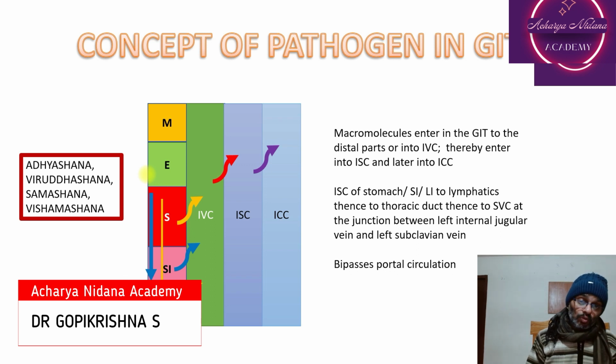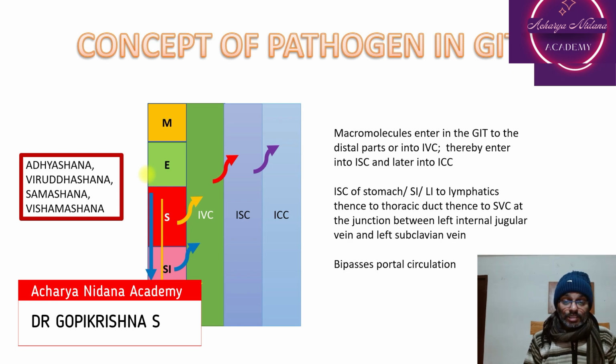Similarly, because of poor digestion in the small intestine, these macromolecules enter as they are into the large intestine also. As we have discussed earlier, they are nothing but carbohydrate diet, which enters the small intestine, and the same may enter the large intestine, thereby being responsible for inflammation in the large intestine too.